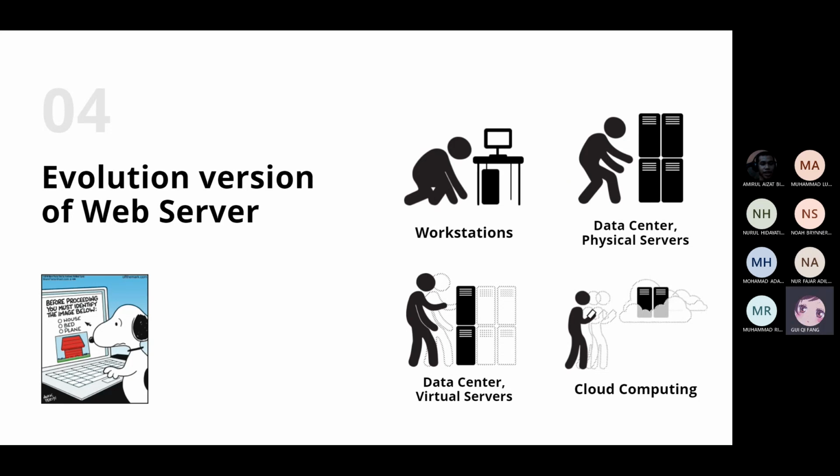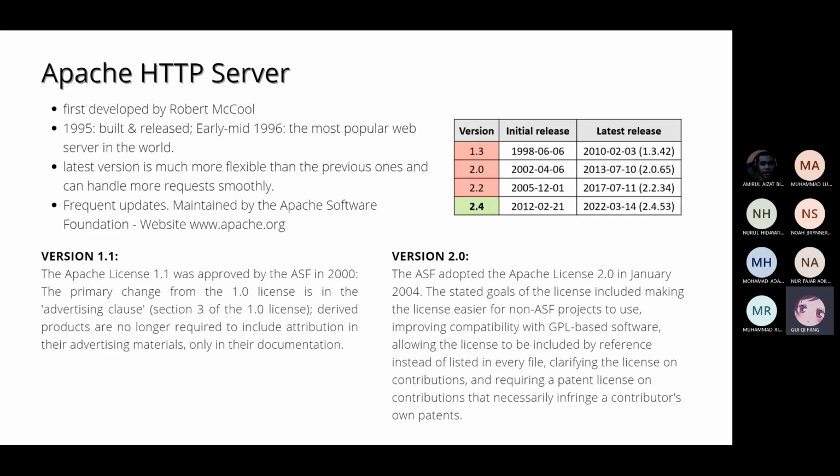So this is the evolution of the web servers. We can see the history of the development of each web server. This is for the Apache HTTP Server, and you can see the initial release and the latest release. I think we can just look through this.